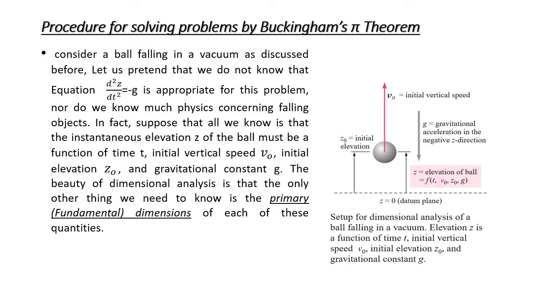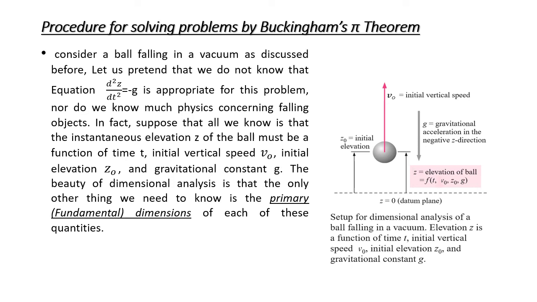Let us consider a ball falling in a vacuum, as I discussed before. Let us pretend that we do not know that the equation d squared z by dt squared equals minus g is appropriate for this problem. We don't even know that formula, nor do we know much physics concerning falling objects.